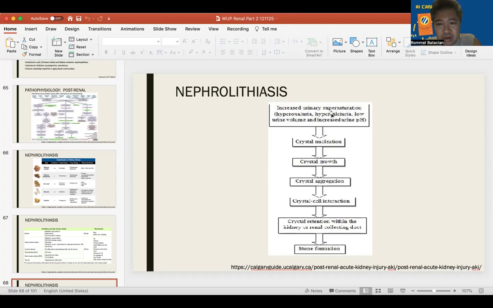Increased calcium in the urine also promotes stone formation. Low urine volume means the crystals and the other solutes tend to be less fluid and more saturated, so they have the tendency to clump together. And the acidic pH as well.